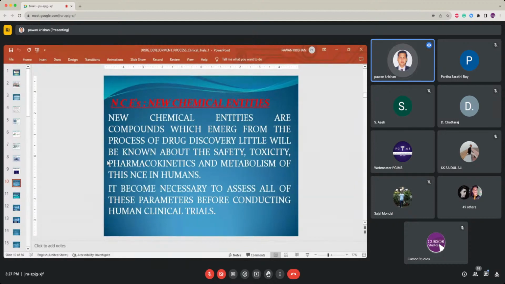So for carrying out those safety and efficacy evaluations, you have to perform various studies, which include preclinical and clinical studies, broadly speaking. But primarily, we first have to test on preclinical studies, that is, on experimental animals.